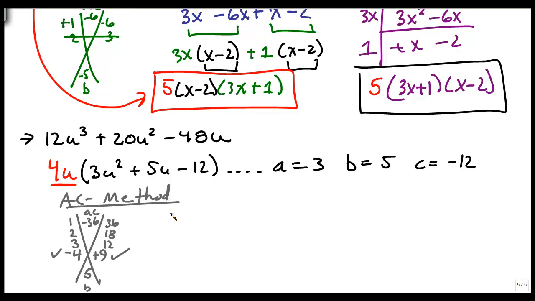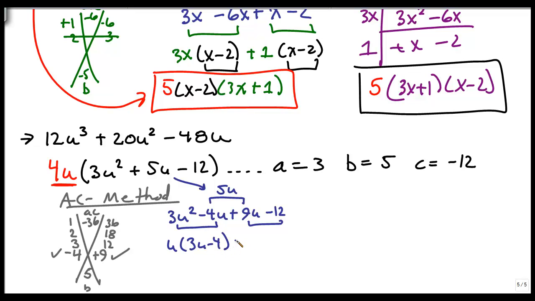Our next step would be to rewrite 3u squared minus 4u plus 9u minus 12. And again, this is just taking the 5u and rewriting it. Greatest common factor in my first group for this particular problem looks to be a u. If I factor out the u, I'm left with 3u minus 4.